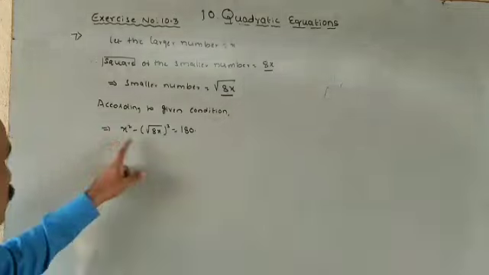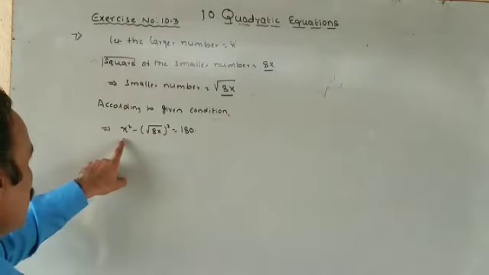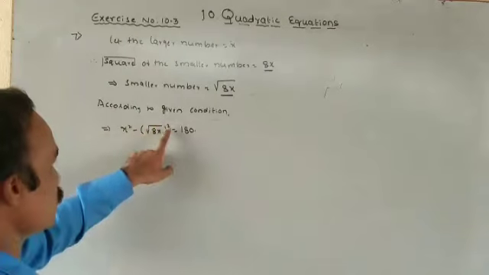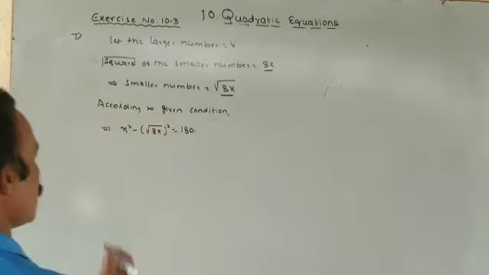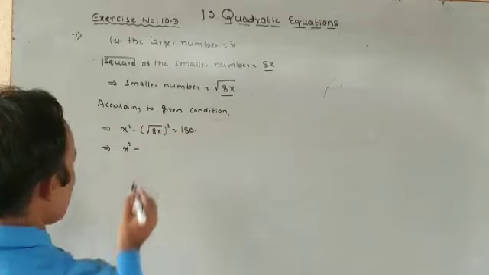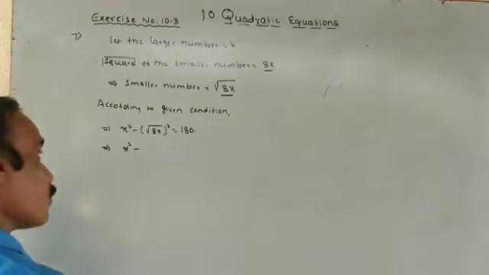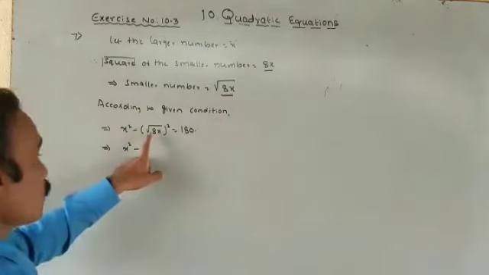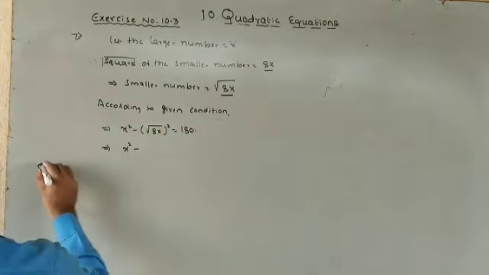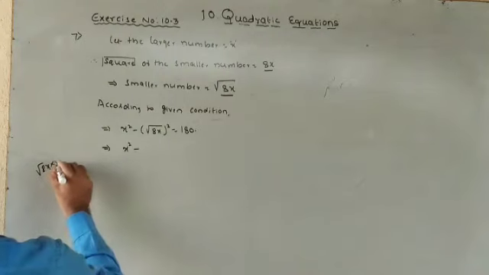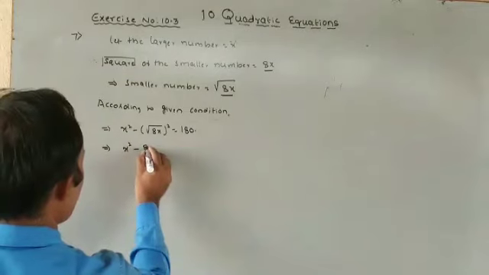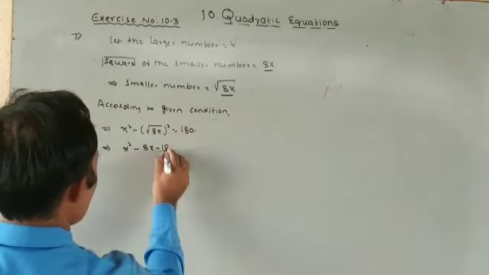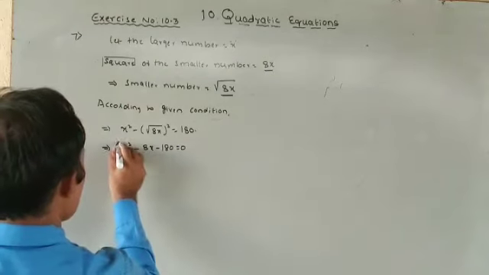According to the given condition, the difference of squares, larger number x square minus smaller number root of 8x whole square, is equal to 180. Simplify this: the square and the root cancel, correct? So the difference here is x square minus 8x minus 180 is equal to 0.